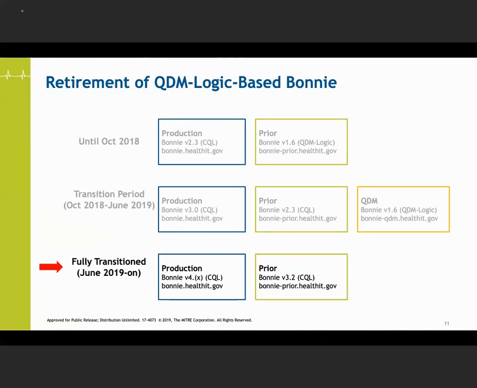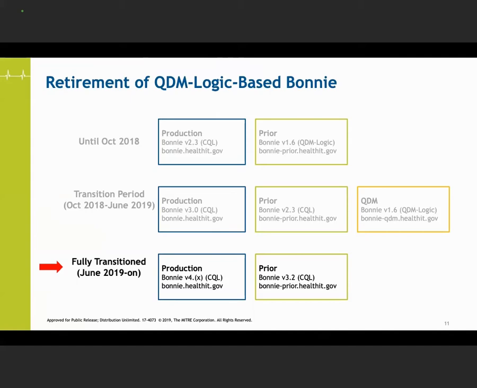So we've shown this slide for a while now. This slide talks about the retirement of QDM logic-based Bonnie, which happened June of this year. So now we're in the final stage. Next week, we'll be releasing Bonnie 4.0 to bonnie.healthit.gov, which is the production server.